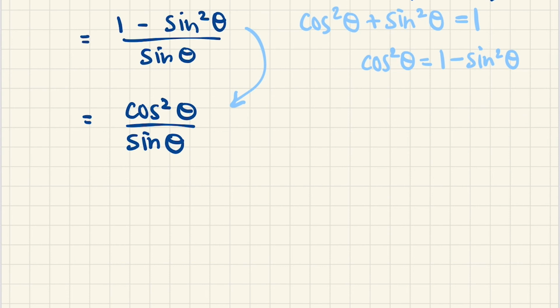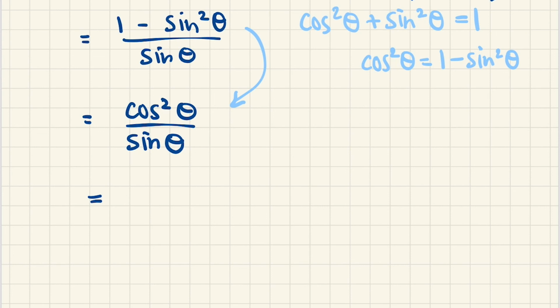Okay, so what do we have here? Cosine squared theta over sine of theta. Well, we know that cosine over sine, if the cosine's not squared, is cotangent. But we do have a cosine squared, so we can't just write this as cotangent, and it's certainly not cotangent squared, because cotangent squared would be cosine squared over sine squared. So cosine squared in the numerator just means cosine times cosine.